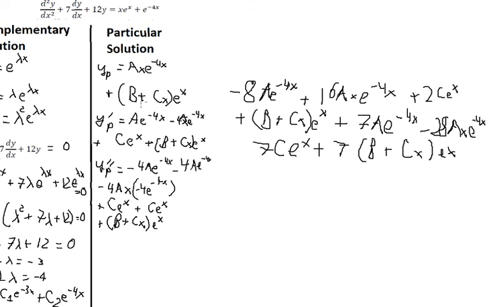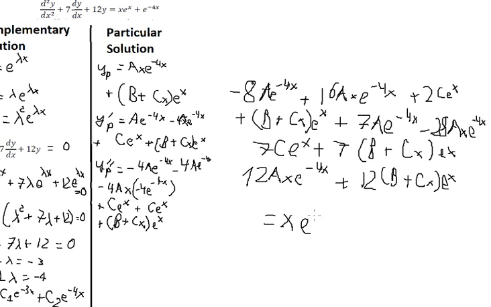And the next one we have yp, we put 12 a s e to the power of negative 4s plus 12 times b plus cs e to the power of s, and this is equal to s e to the power of s plus e to the power of negative 4s.